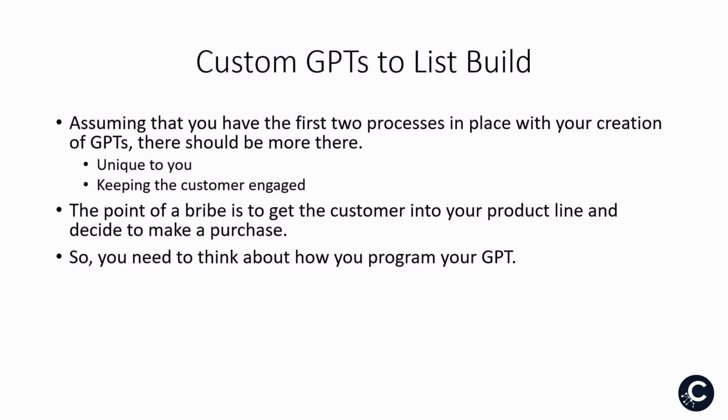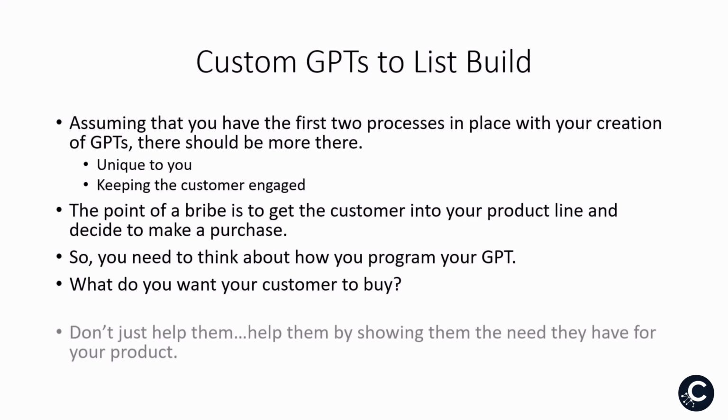Program it so that it gets them thinking about what you want them to buy, not just informing them, not just giving them cool stuff. However you program it, you've got full reign over how that GPT works, and you keep working with it until it directs the customer into thinking about what you want them to buy.